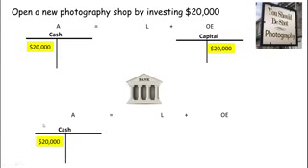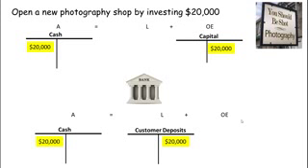And so here's the thing. When they take our money and they increase their cash account by $20,000, they have to credit something. And that something is going to be on this side of the accounting equation. It's going to be an account called customer deposits for $20,000. It's a liability account.